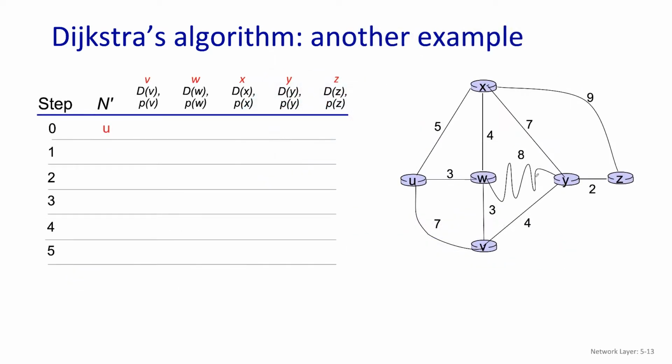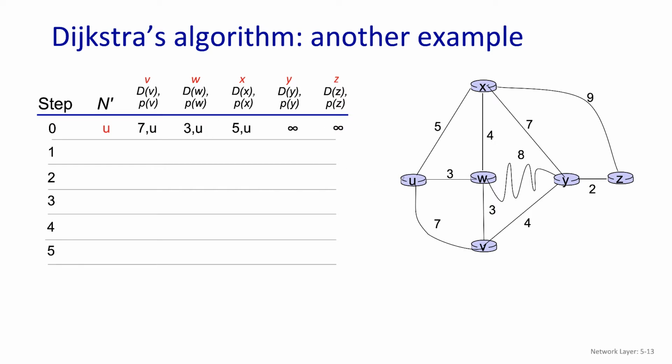So this is another example. Let's do it real quick. In this example, let's go from U to V with the cost of 7, right? So always you're going to go with the direct links. The direct links from U here are X, W, and V. Therefore, there is no direct link from Y or Z, so Y and Z are going to be infinity here.